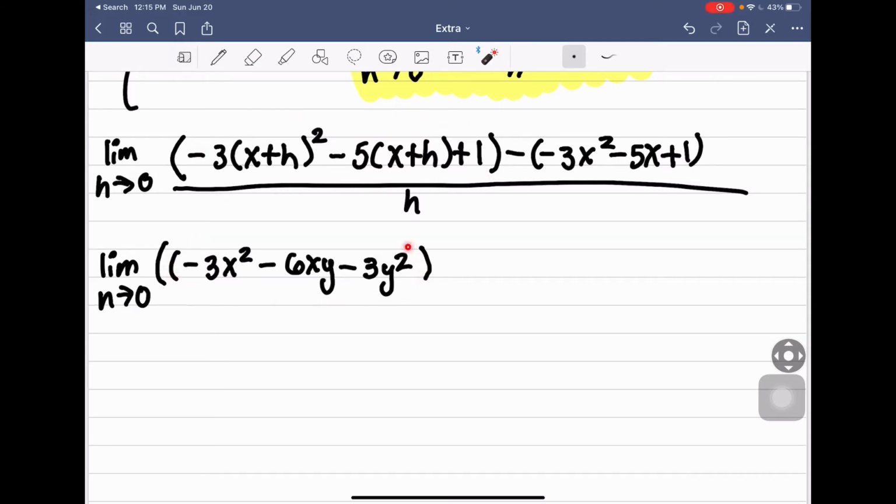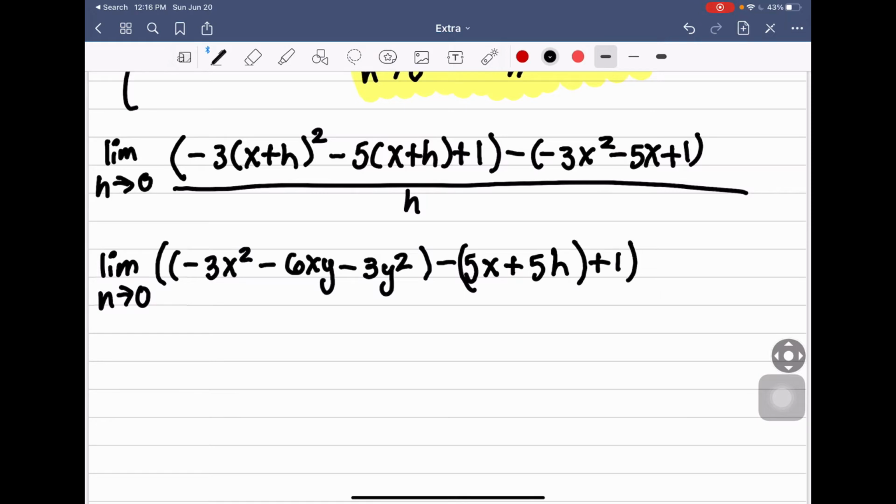This set came just from this part. Okay, minus, and then now we're going to work on the 5 times x plus h part. So 5x plus 5h, those in parentheses, plus 1.